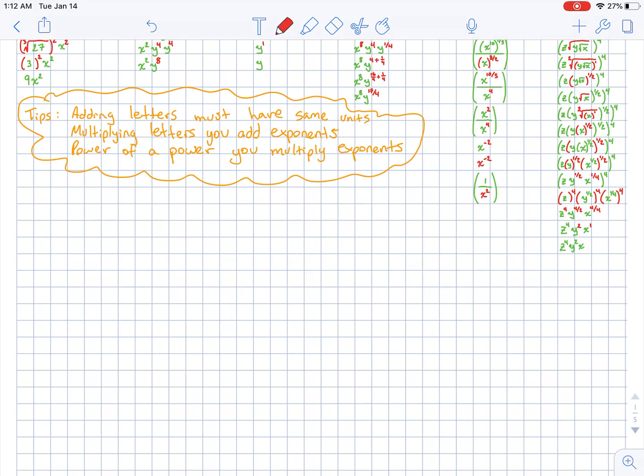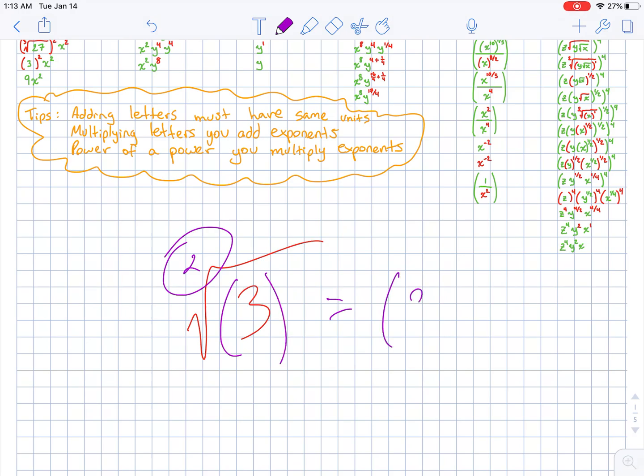Okay, so another example. Whenever you see this, and you don't see a number in the corner, then you're always gonna put a 2. When you don't see a number in the corner, it's always a 2. So this is what's inside, 3.